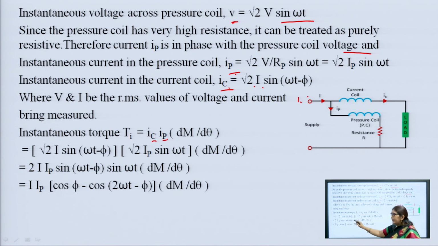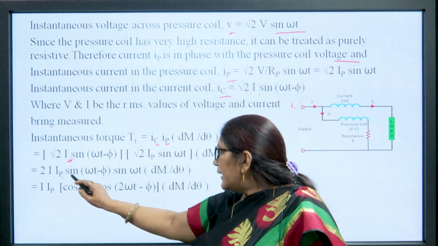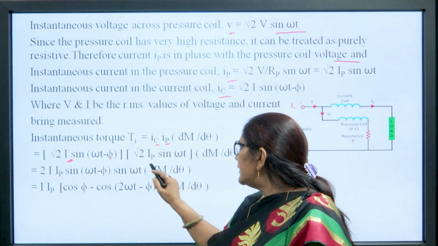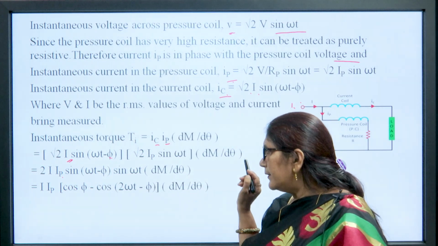So, when we multiply the root 2s, it is 2 I Ip. In place of Ic, I have placed I because Ic is approximately equivalent to I, because there is very little current in the pressure coil. So, I Ip sin(omega t minus phi) sin omega t dM by d theta.